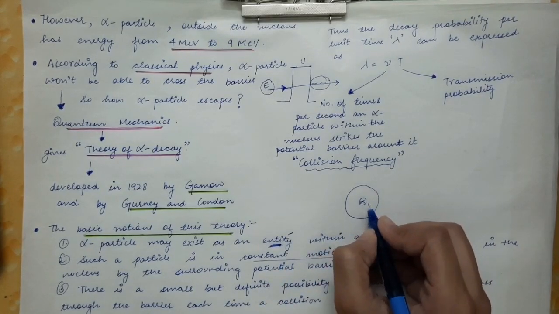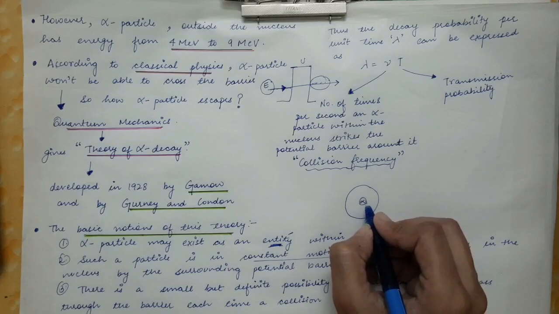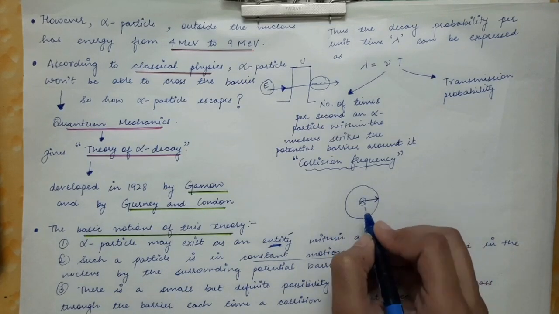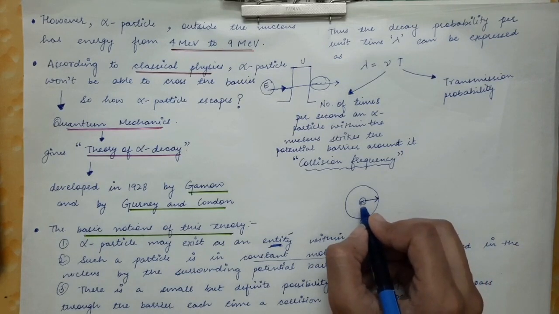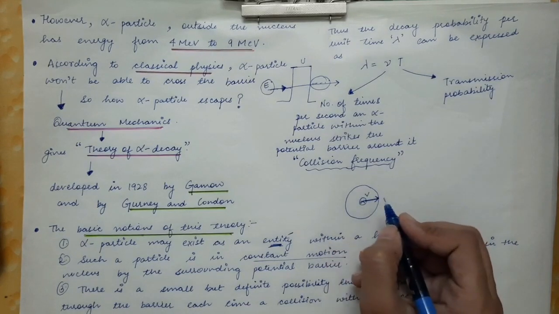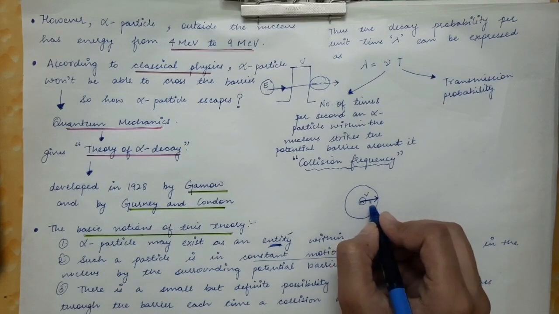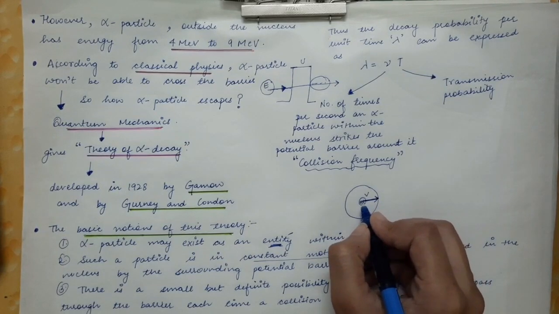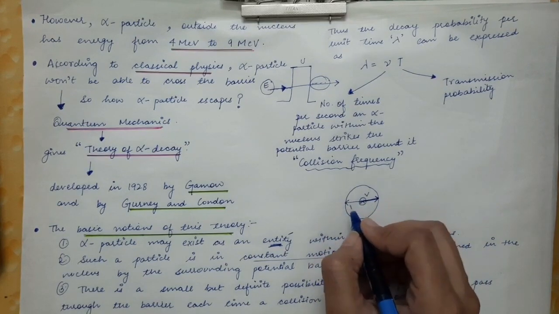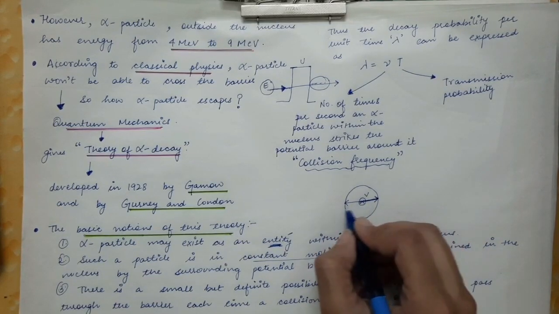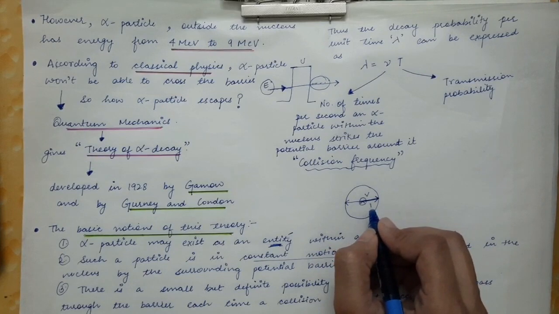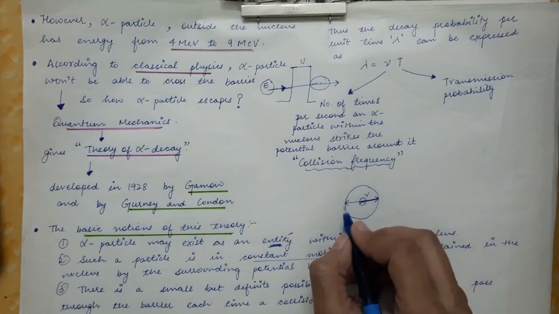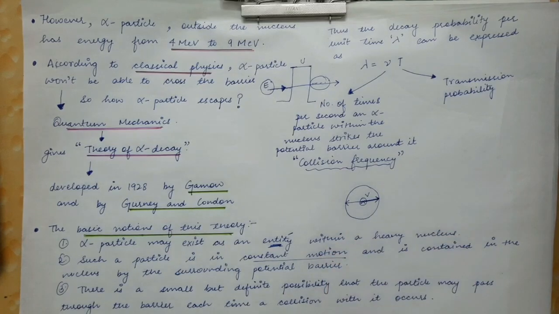It is in constant motion within the nucleus. Let's say it has velocity v. First it will go in this direction, hit the potential barrier, then go back, and again hit the potential barrier, and so on. It will keep on hitting the surface of the nucleus constantly.